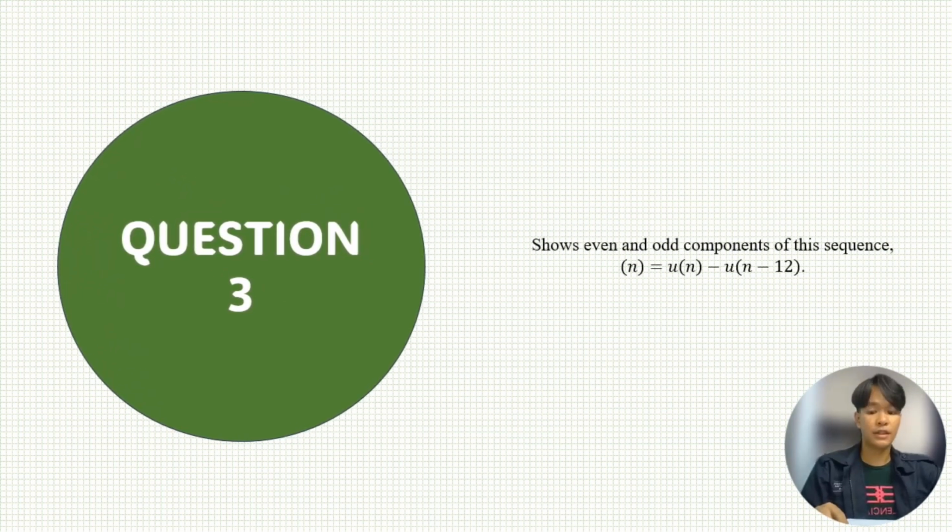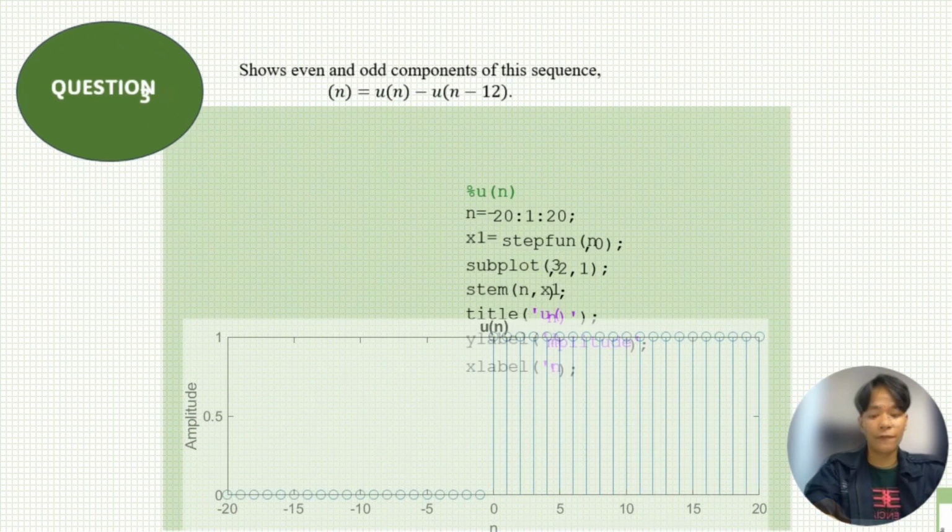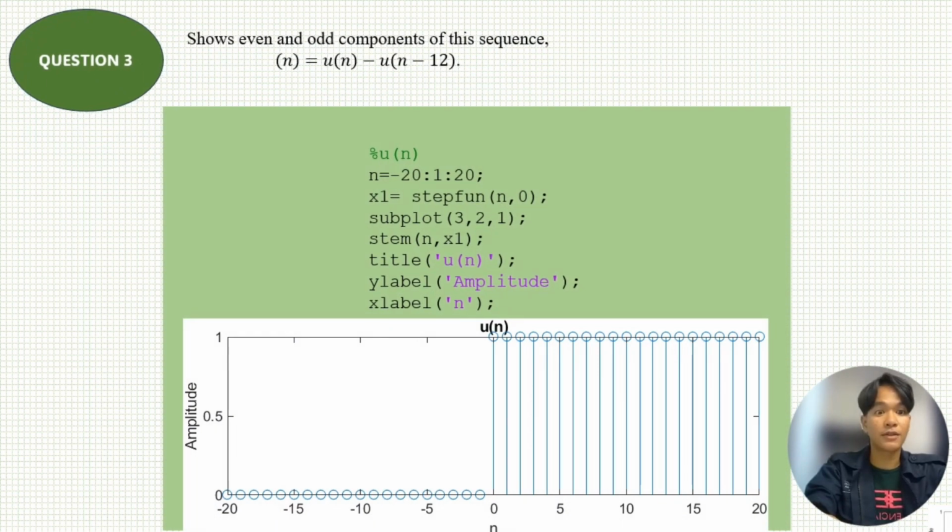So in question 3, we are required to show the even and odd components for this kind of signal. As we can see, the xn signal is a combination of two unit step signals. The first slide shows the un signal.